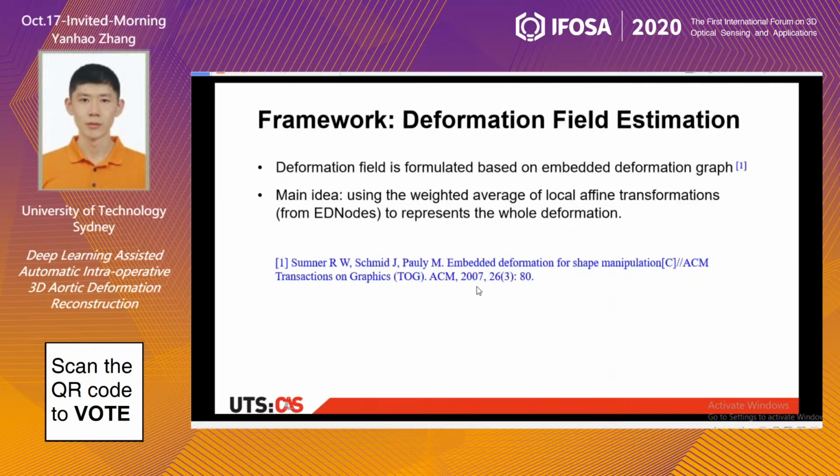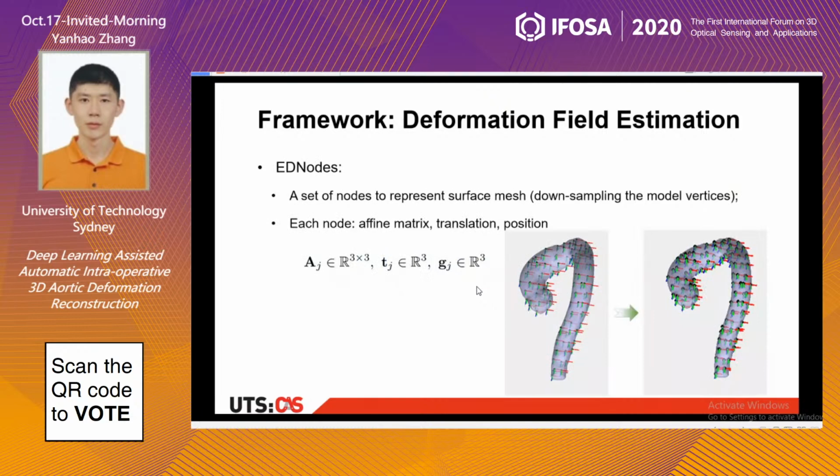And for the deformation reconstruction, the deformation field is formulated based on an algorithm called embedded deformation graph. The main idea of the embedded deformation graph is to use a weighted average of local affine transformations. I call it an embedded deformation node, or ED node, to represent the whole deformation. The ED node is used to represent the surface mesh, and it is downsampled.